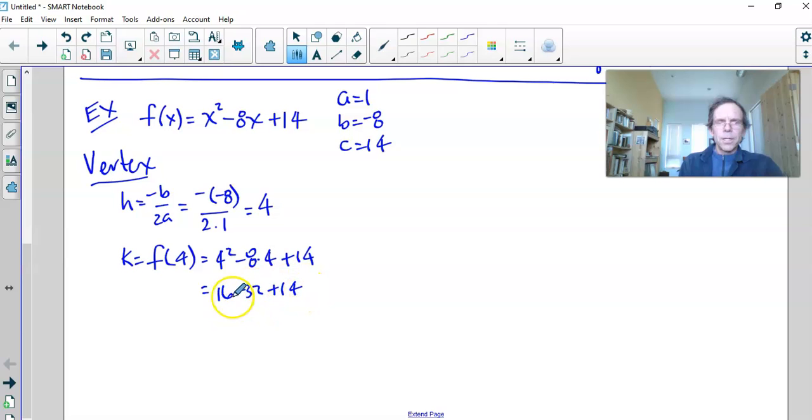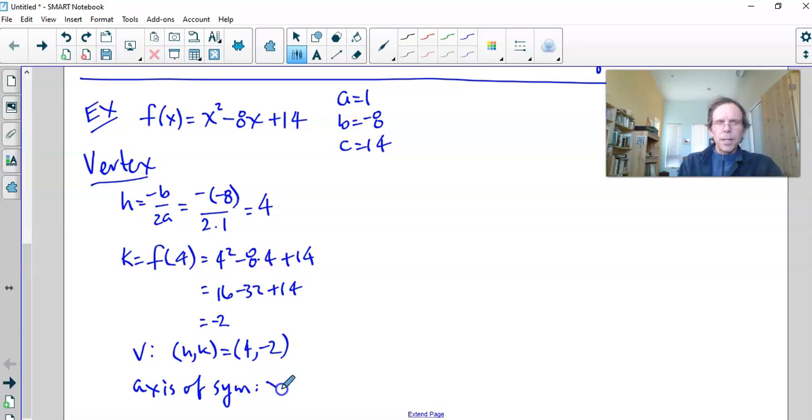Well, 16 and 14 add to 30, and minus 32, we get negative 2. So the vertex V is at h comma k, and those are (4, -2). And the axis of symmetry is going to be x = 4.